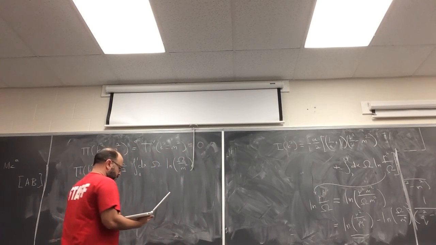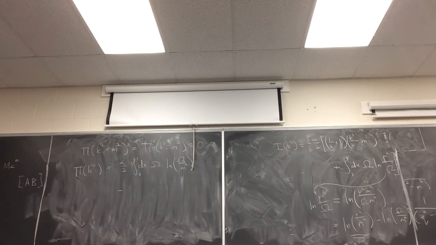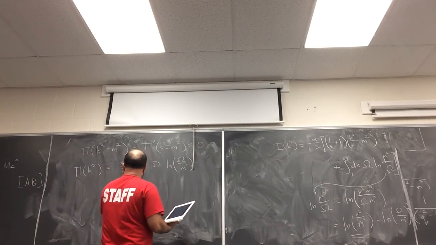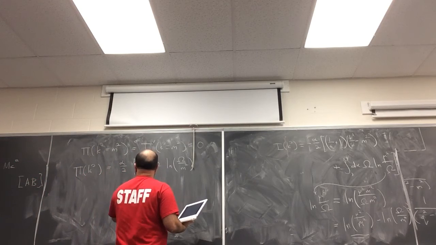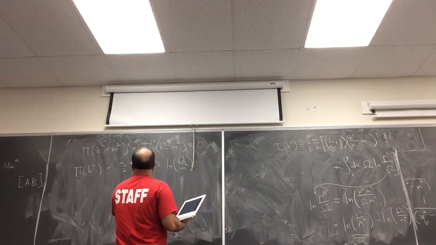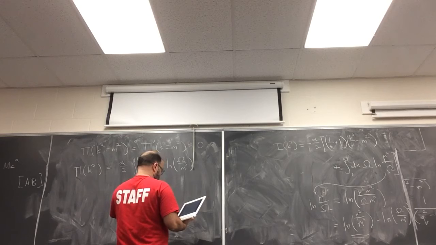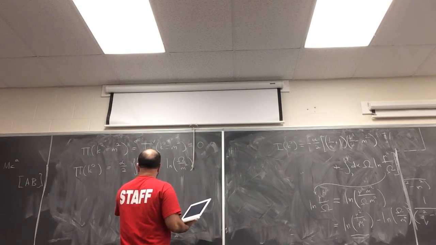Then I want to group factors of k squared and factors of m squared together. For k squared, I've got the contribution from the loop, which looks like alpha over 12. Is it? It can't be alpha, it's supposed to be just 1 over 12.